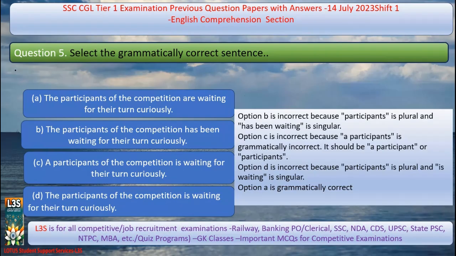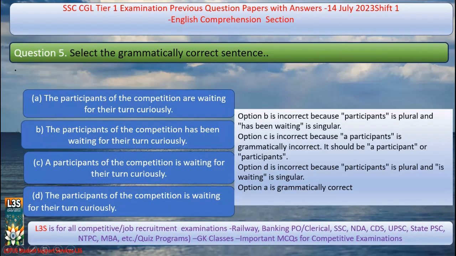It looks fine. Option B, the participants of the competition has been waiting for their turn cautiously. The participants is plural, so it should be have been.